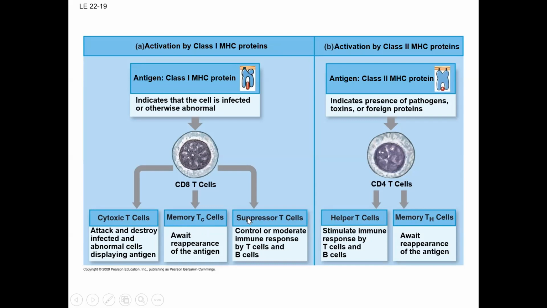And remember, at the beginning we said we also have suppressor T cells, kind of to balance this process. You don't want to have too many of these cytotoxic T cells, then it's just being wasted. So this one is just for balancing.